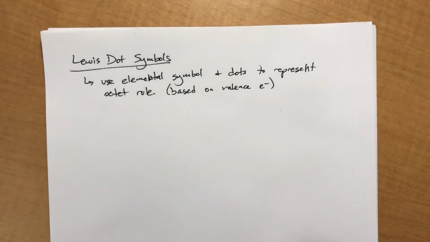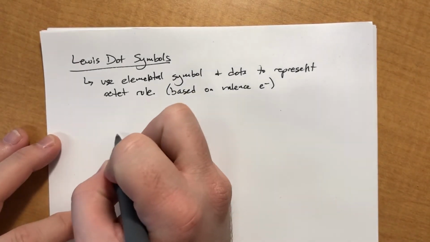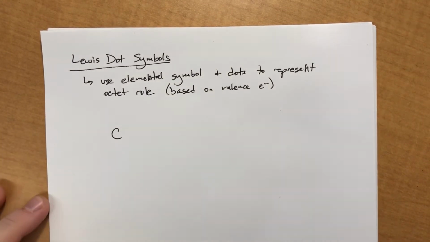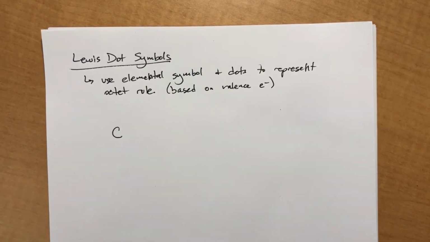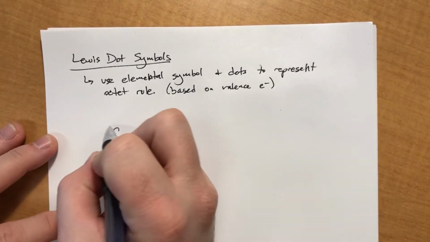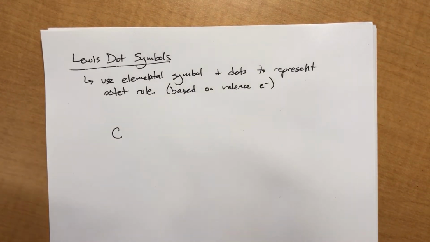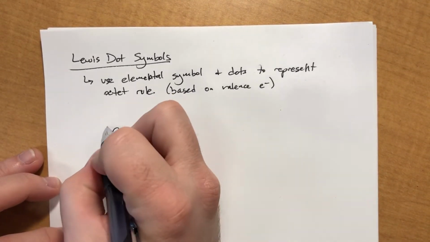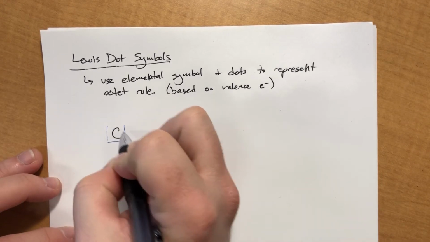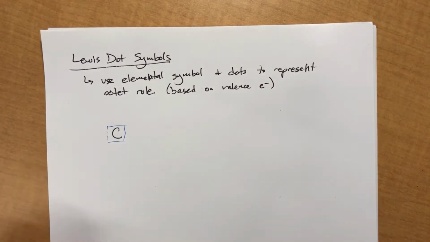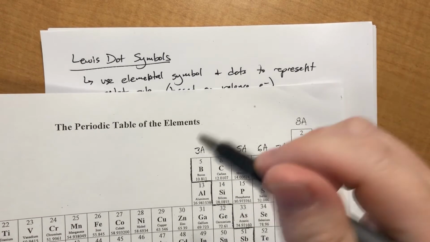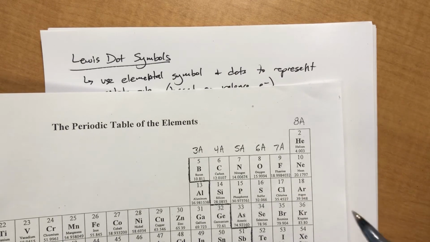So, if you had something like carbon, the way we're going to do this is we are going to visualize there being like a square around this. You don't actually ever draw the square, but we're visualizing there being 4 sides. So I'm just going to kind of loosely draw a square. Not a very good one anyway. And the idea is this almost feels like orbital diagrams, where if we were putting arrows into boxes, we had to give each one an up arrow before any of them got 2.